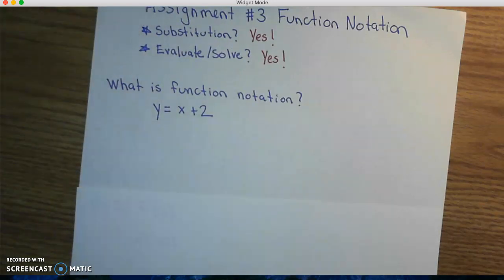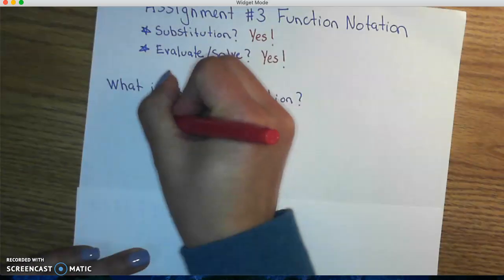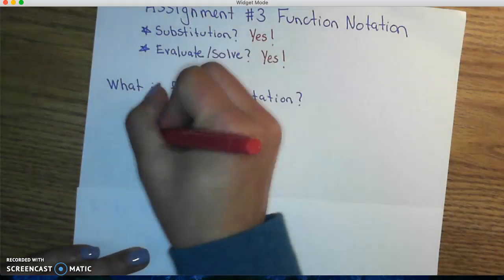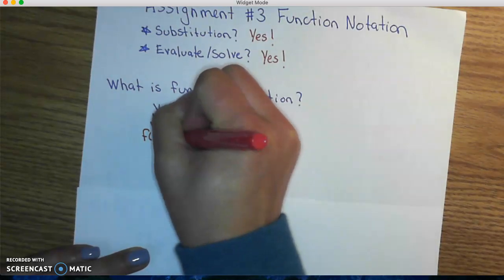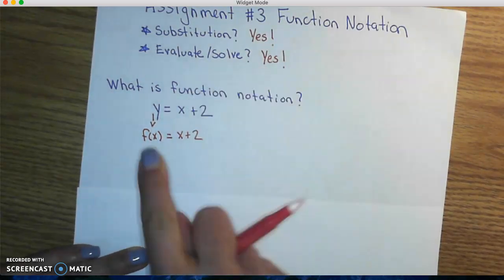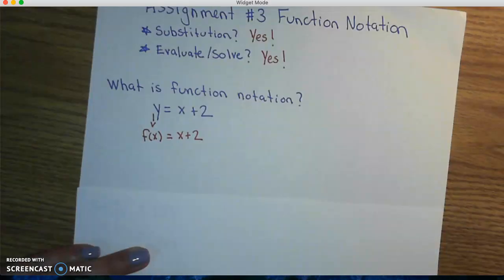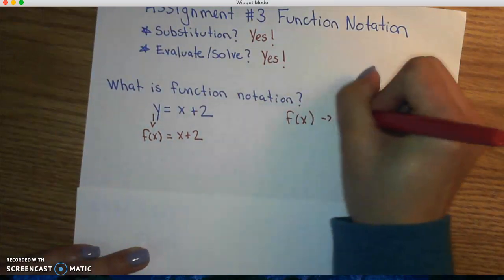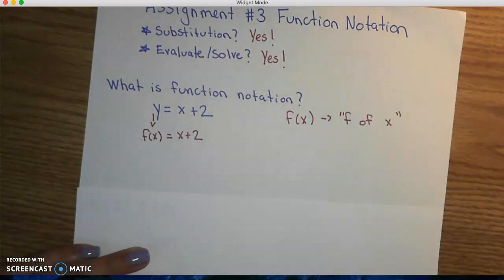Normally, we have an equation that looks like this. Y equals x plus 2. Function notation is just a different way of talking about an equation. Instead of y, I use this notation. I use f of x. I think this is the hardest part. This is pronounced f of x.